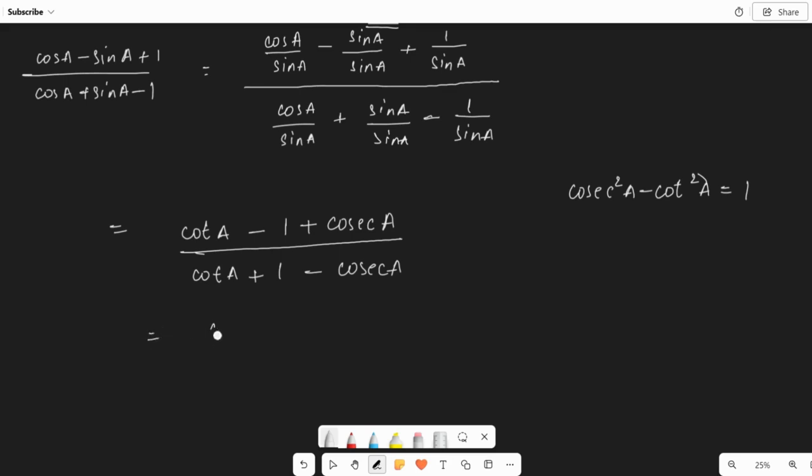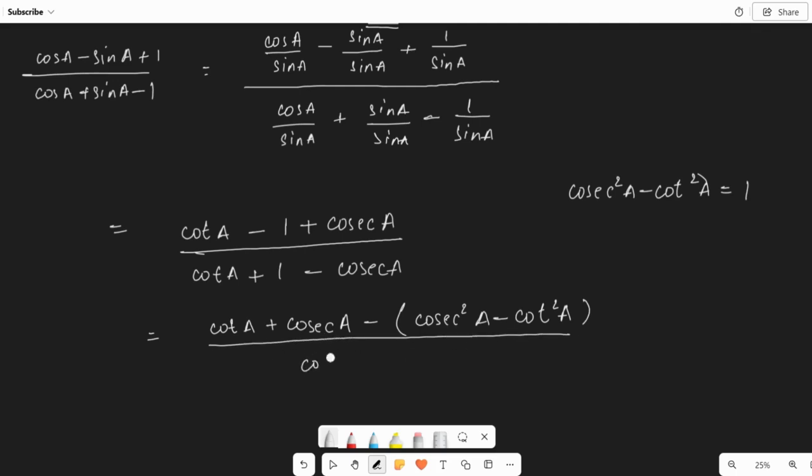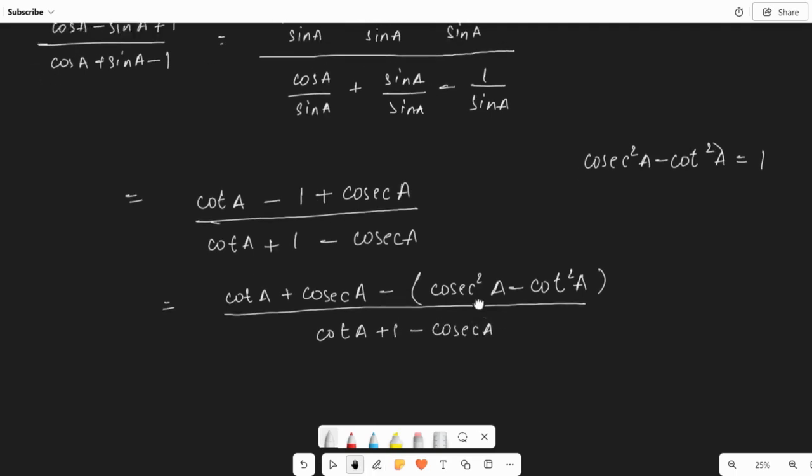So the numerator becomes cot A + cosec A − (cosec²A − cot²A), and the denominator remains the same, cot A + 1 − cosec A. Simple.